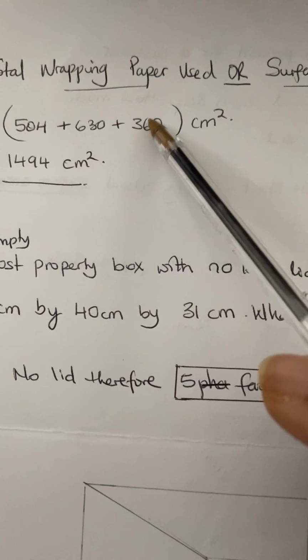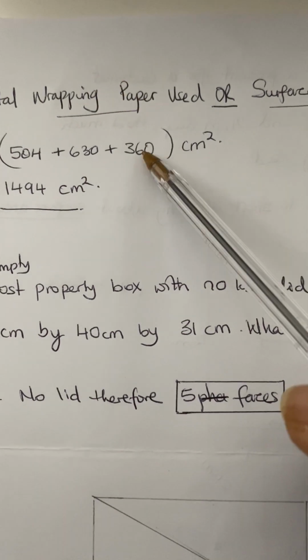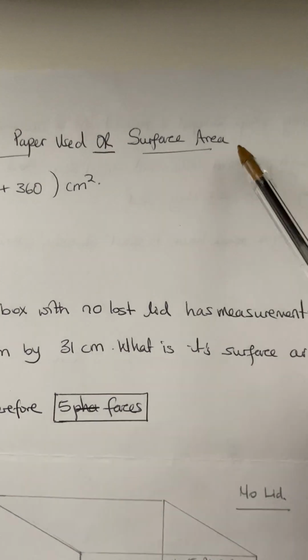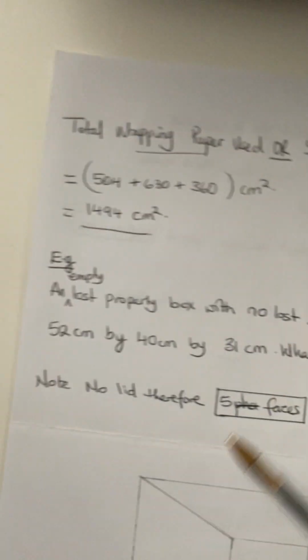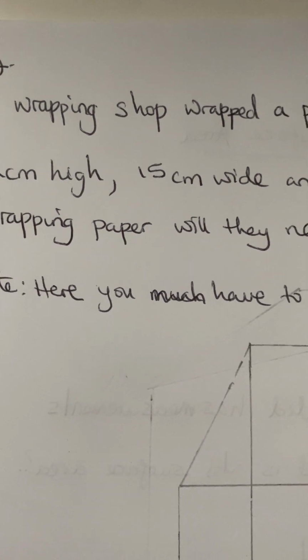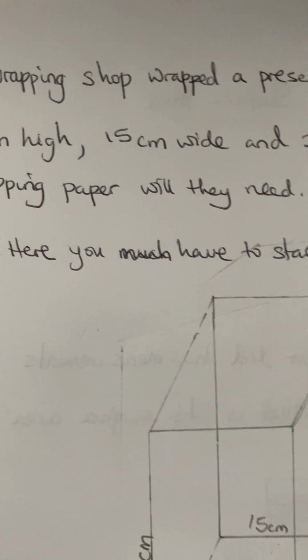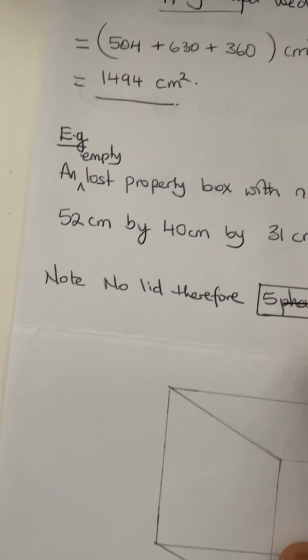So that will be the wrapping paper I need to wrap that present. But it's also the surface area. Here they haven't given you the question with a diagram, but they've worded it such that you should be able to know that you are finding the surface area. Now let's look at another example.